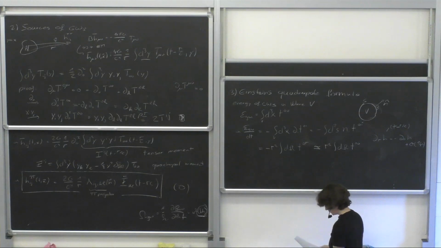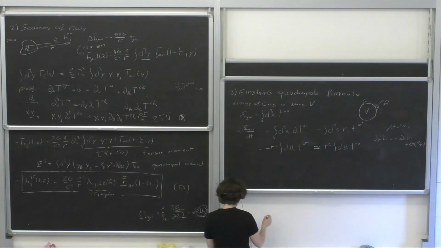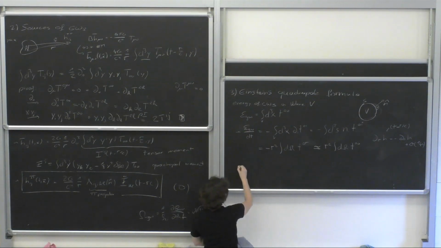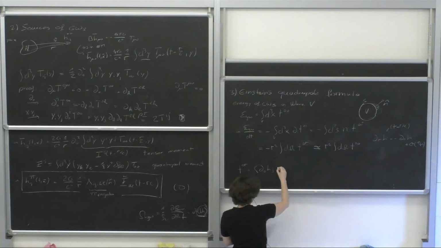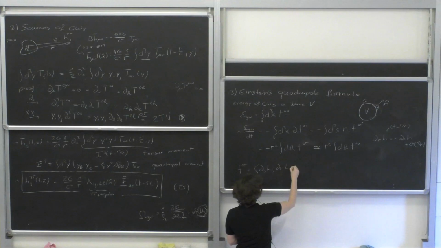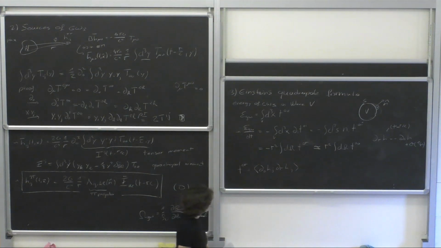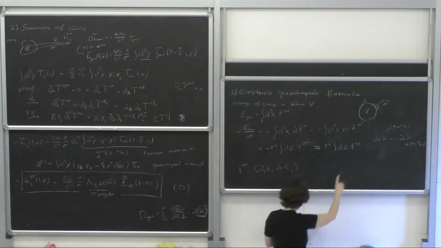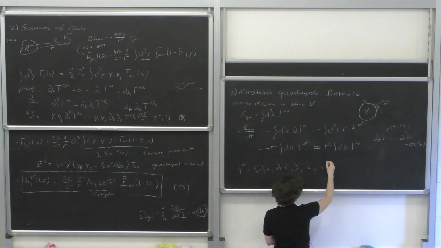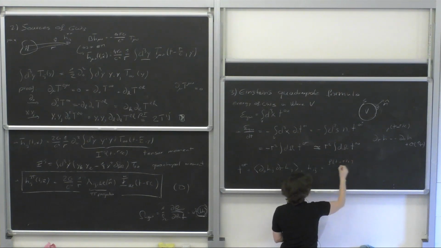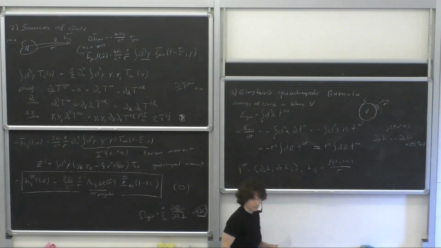Okay, so I'm using that T0R is del 0 Hij minus del R Hij, and now I'm using that Hij depends on some function of the retarded time divided by the radius.